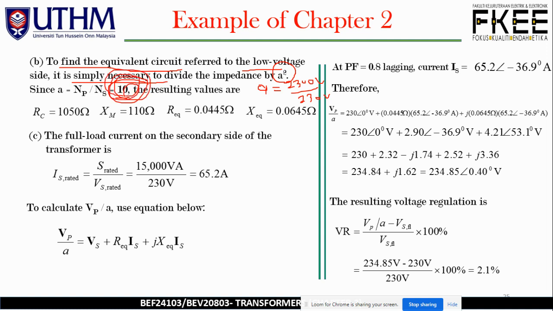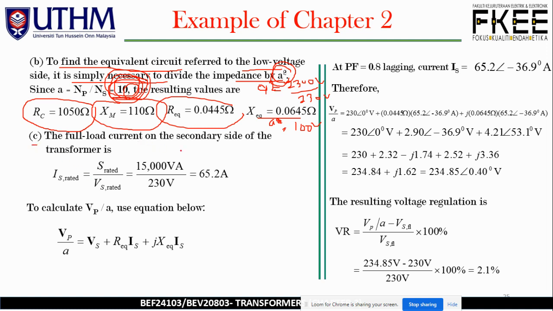But we have to divide the impedance by a squared, so you need to square the value a. This means a squared equals 100. Giving RC equal to 1.05 k ohms, XM equal to 110 ohms, REQ equal to 0.0445 ohms, and XEQ equal to 0.0645 ohms.